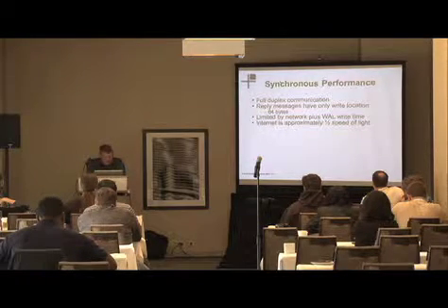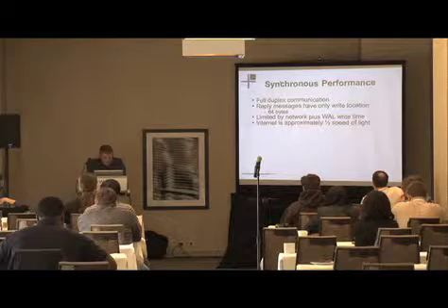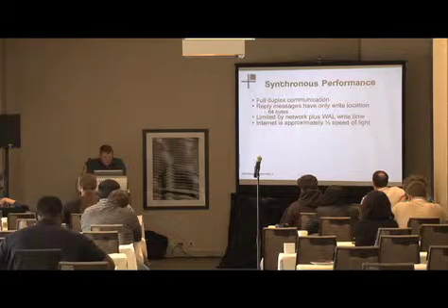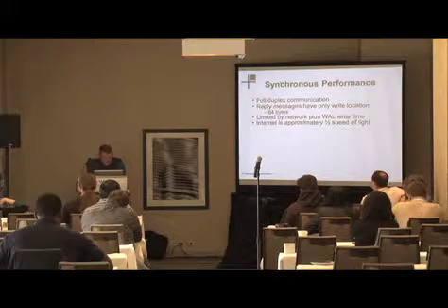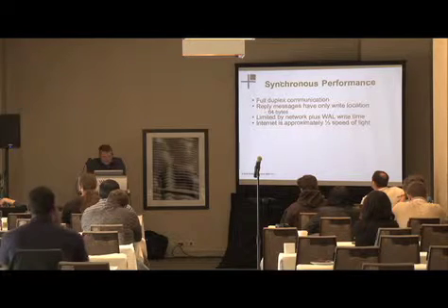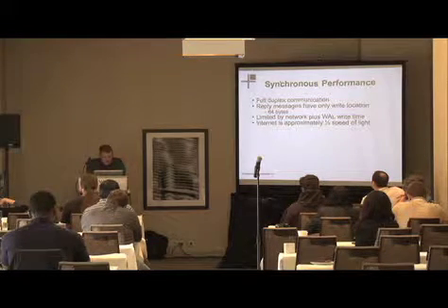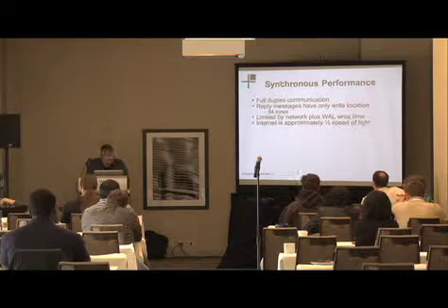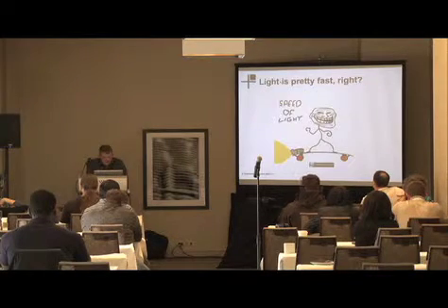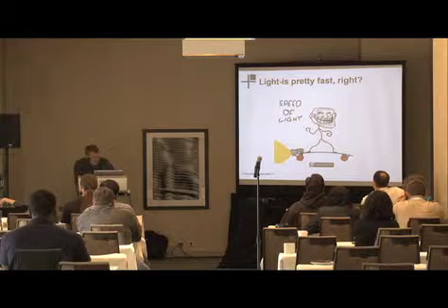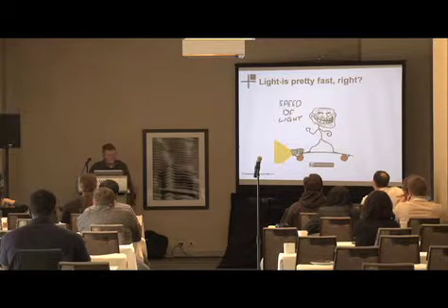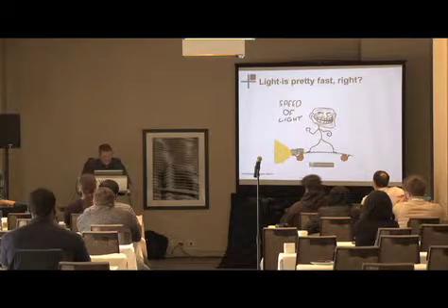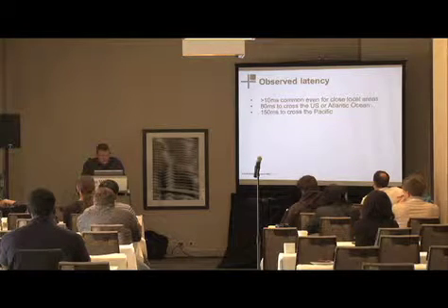The internet is approximately half the speed of light. Obviously, the speed of light is an absolute limit on how fast anything can go. In fact, here's the speed of light. Light is pretty fast, right? Well, yeah, but not that fast.